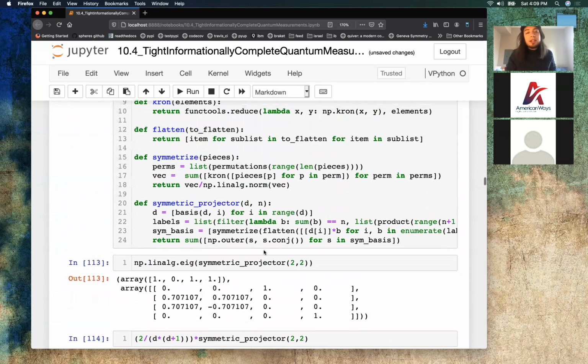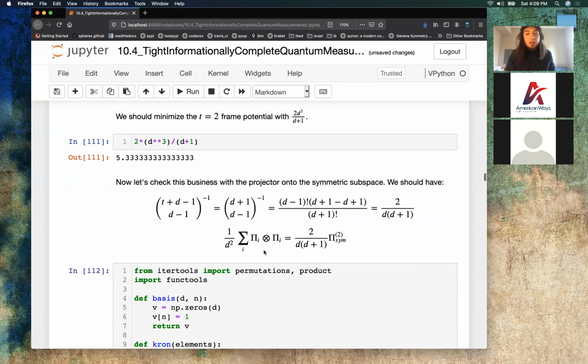And so you could go further. If we're interested for whatever reason in t equals 3, then you'd have a projector on the symmetric subspace of 3 copies of the 2-dimensional Hilbert space, and then this would be a sum over pi i tensor pi i.